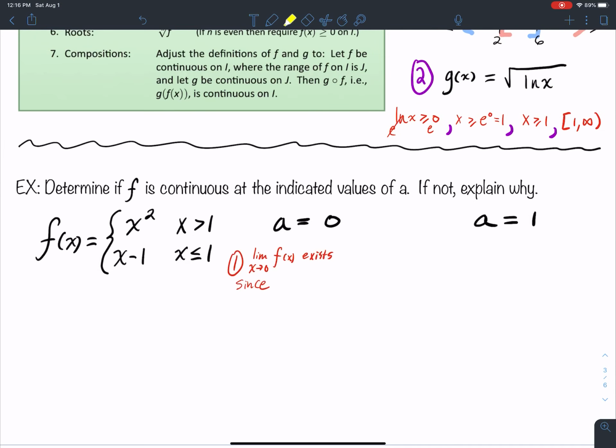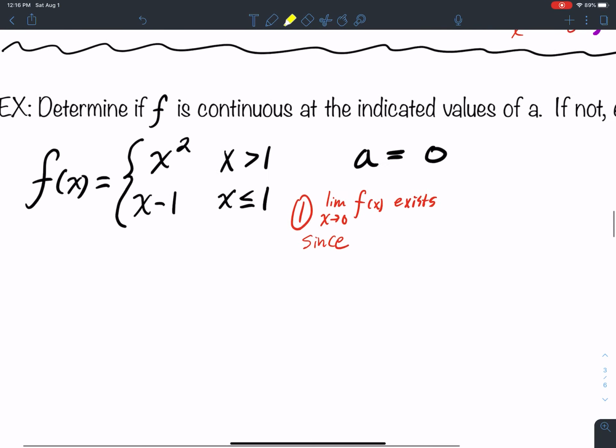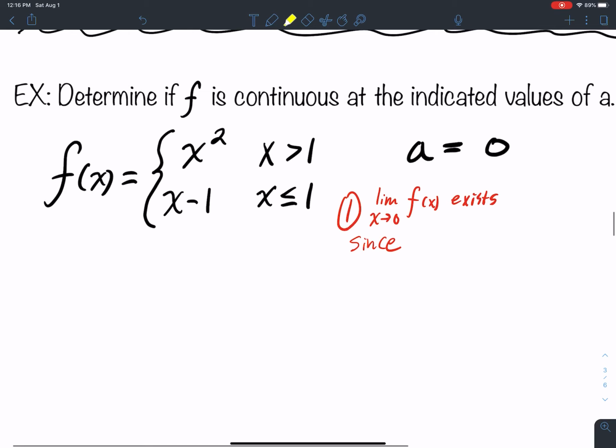The first thing I'm going to do is check it for a equal to 0. So I take the limit as x goes to 0 here, and let's see if it exists.